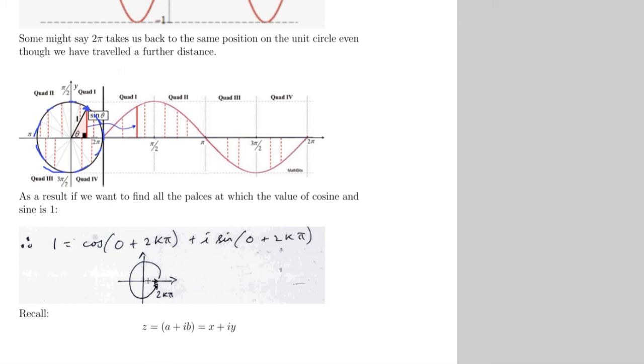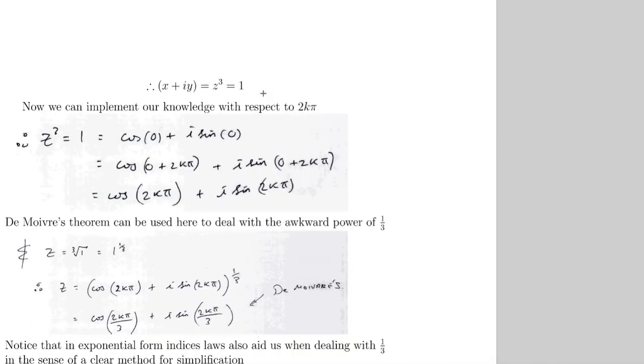Okay, now going forward, given that we've suggested that x plus iy is cubed, so really it should be that (x plus iy) cubed equals 1. Given that, we can take this notion and say, right, we have discussed that cos 0 plus i sine 0 will give you 1, just like we wanted, because z cubed is equal to 1.